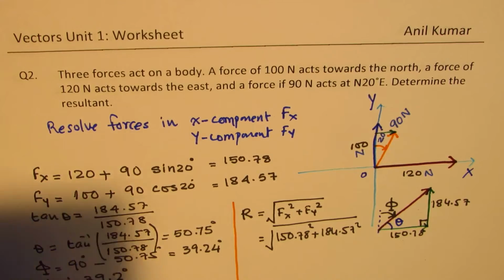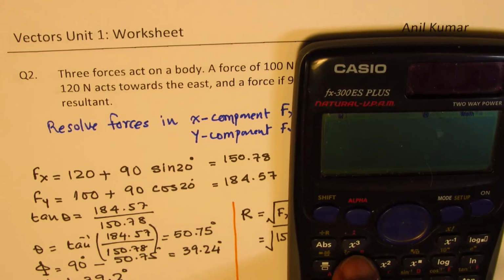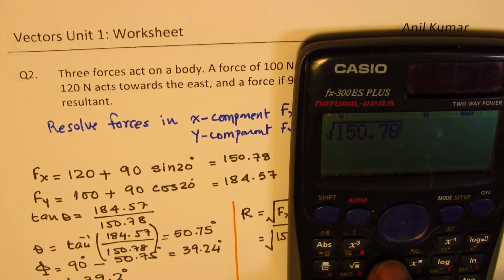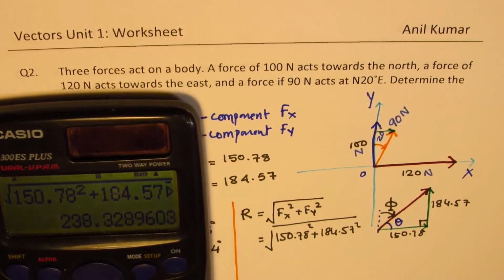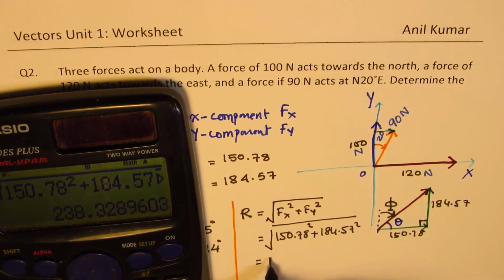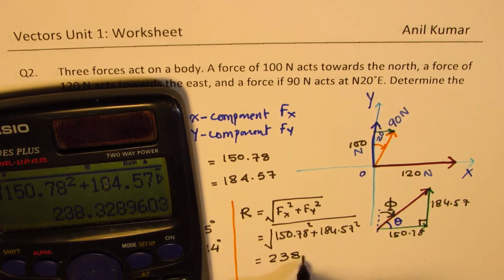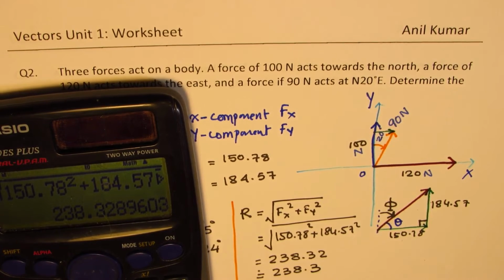So let's do this calculation. So we have the square root of 150.78 square plus 184.57 square equals 238.32. We can approximate this to 238.3. Okay?